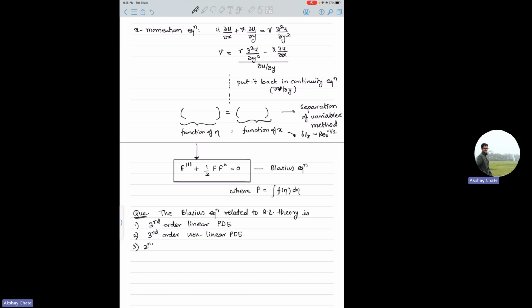So like that, you had other two options also, second order non-linear PDE and second order linear ODE. So this was not PDE, this was ODE, ordinary differential equation. PDE means partial differential equation, ODE means ordinary differential equation, and this was second order linear ODE, something like this. Anything is there, because this option is anywhere not correct. So you should know at least the form of the Laplace equation, so that you can answer this type of direct fact-based questions.